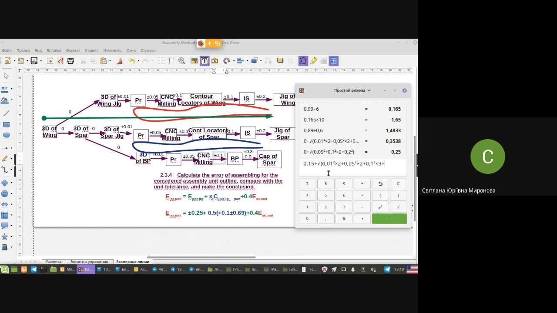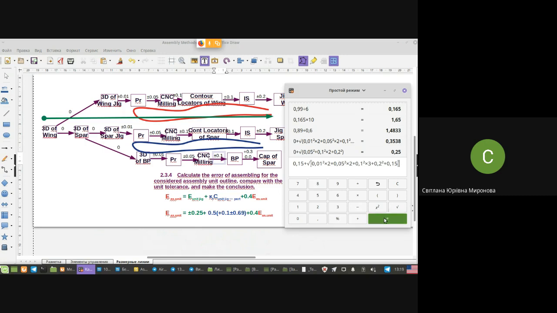Plus 0.2 square plus, and here you have the whole field is 0.3. It means that half of it, 0.15. 0.15, like this, equal to plus, I forgot to do one more thing again.